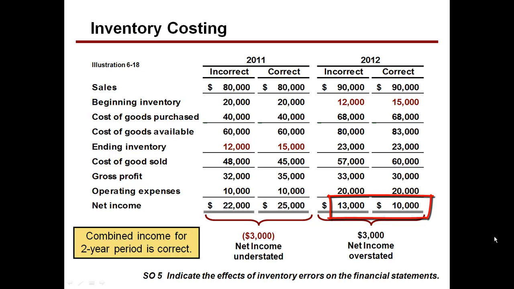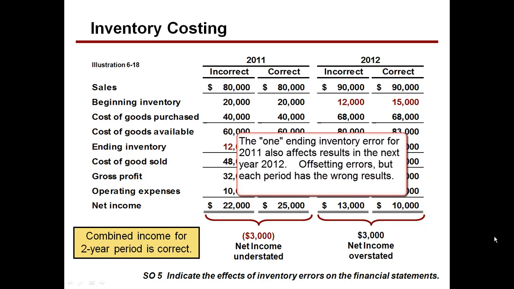So between the 22 and the 13, that's the same total as $25,000 in income and $10,000 in income respectively had the inventory been correct at the end of 2011. The combined income for the two-year period is correct. However, the individual periods are incorrect because of that one error of ending inventory being incorrect at the end of 2011.